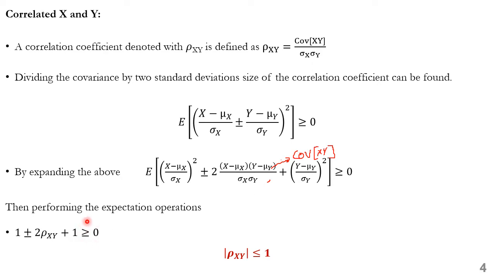When we simplify this, we get 2 plus or minus 2 rho xy is greater than or equal to 0. That means 1 plus or minus rho xy is greater than or equal to 0. So when we take this 1 to the other side, we get the modulus of rho xy should be less than or equal to 1.